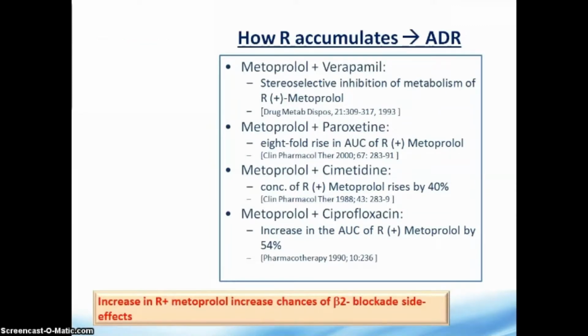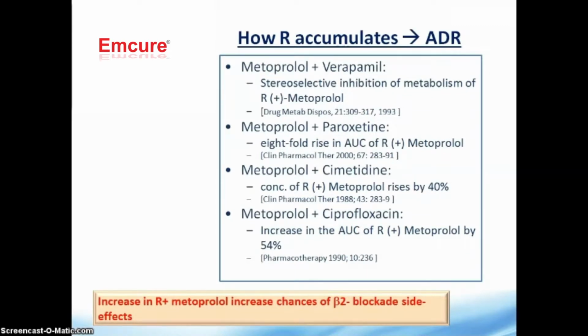Now again, the commonly used drug ciprofloxacin increases the area under the curve of R metoprolol by 54%. So all these interactions lead to the accumulation of the R isomer, which is probably responsible for all the adverse events. To highlight it in one line, I have written down that an increase in R metoprolol increases the chances of beta 2 blockade side effects.